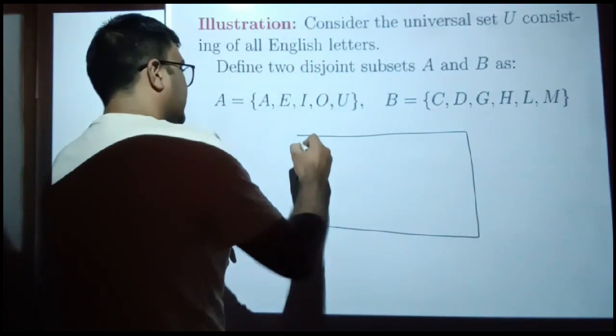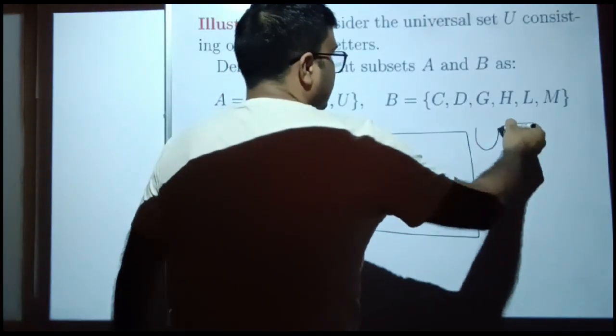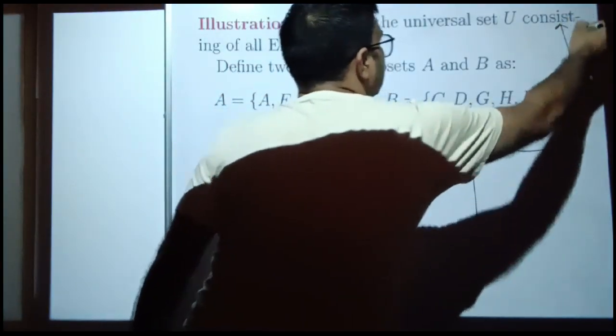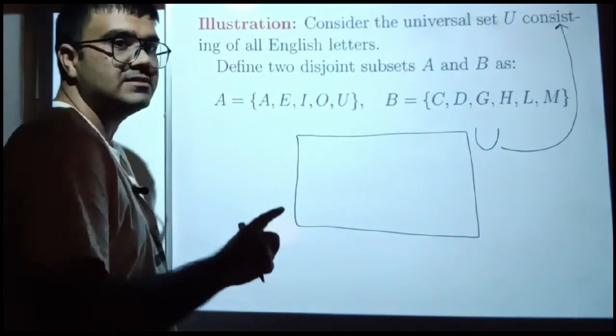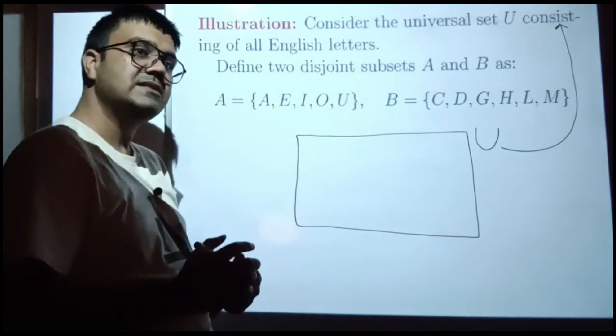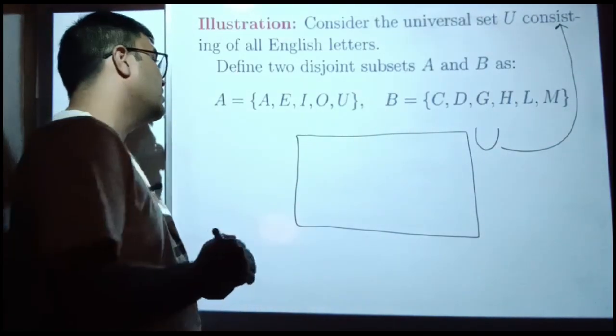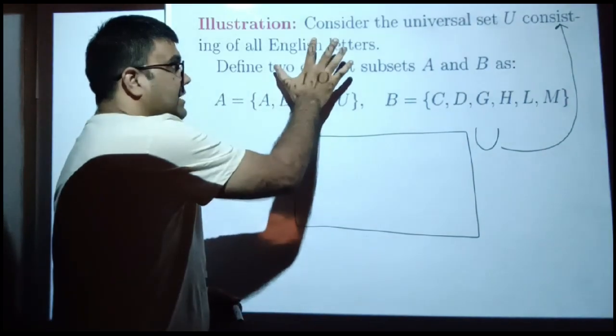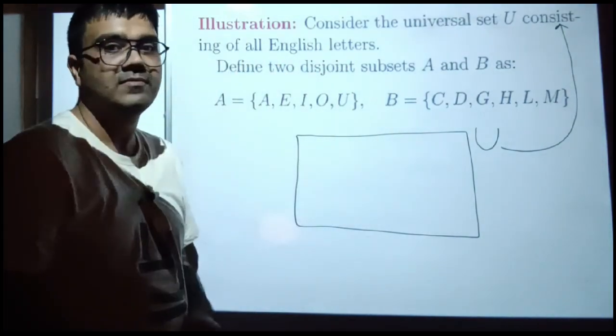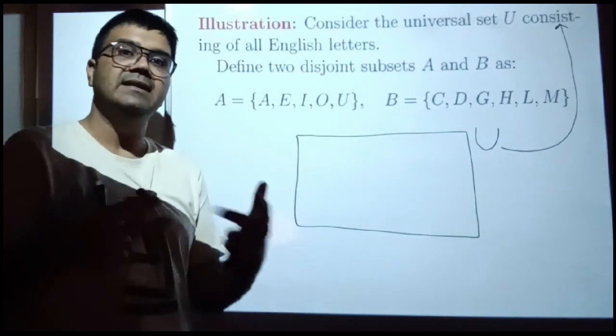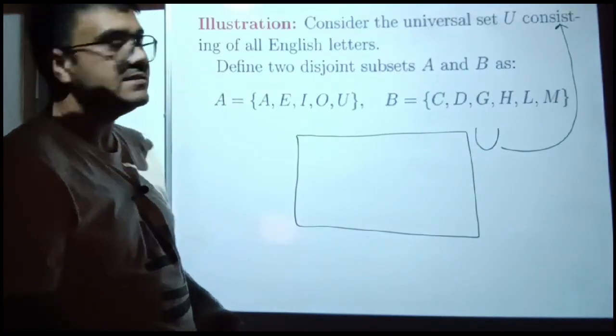We will draw a rectangle over here. This is set U, the universal set. You cannot change these things on your own. These are the standard notations now. So it is the set containing all the sets under consideration.